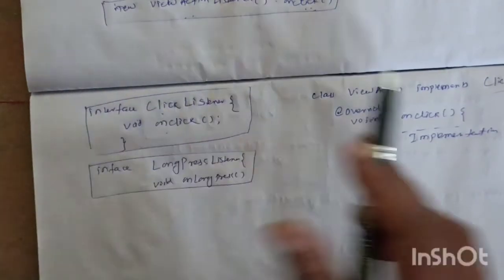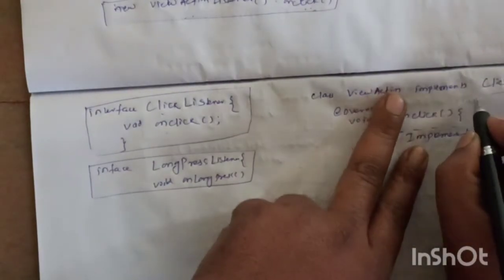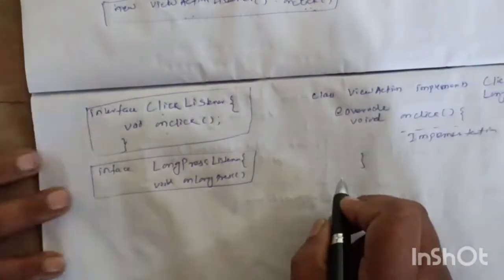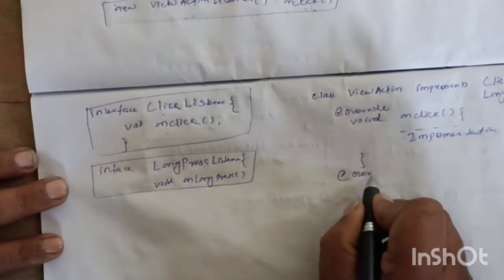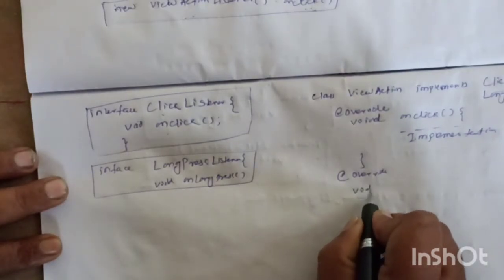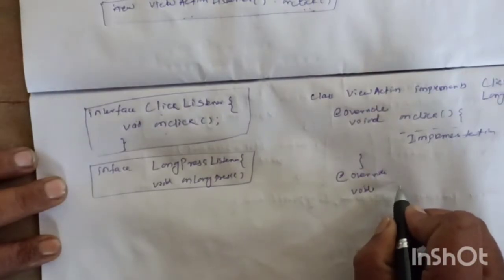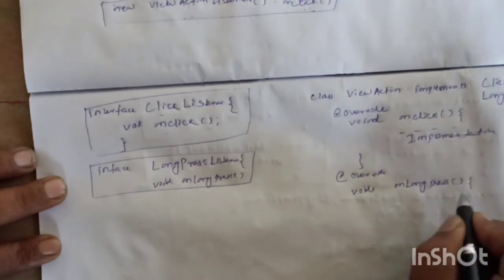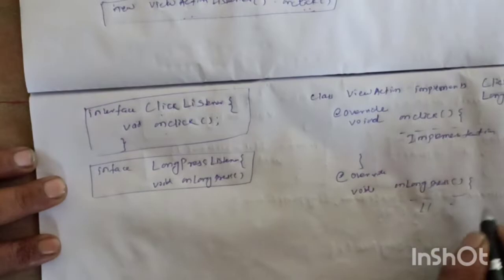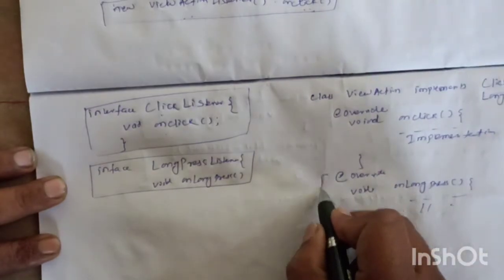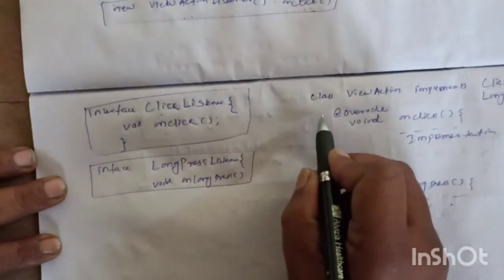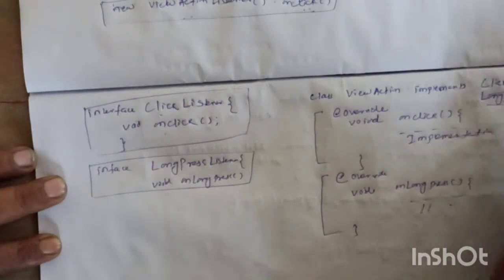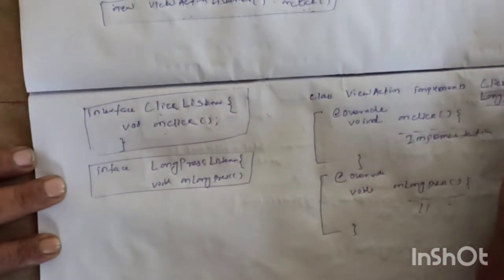So there I can write click listener comma long press listener, and there I need to override both methods, that is void on click and void on long press, and write the implementations here. The on long press method came from this long press listener, and this on click method came from this click listener.